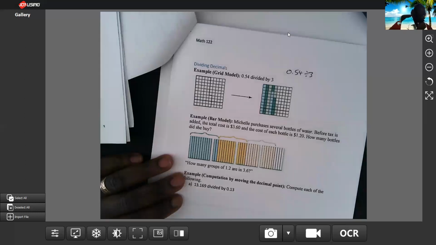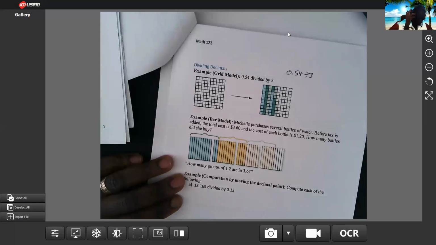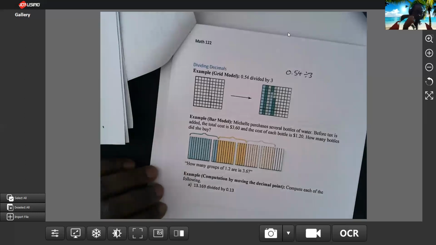Now what does this do? This answers the question, how many 3's are in 0.54? How many 3's are in 54 hundredths? So if we partition that, how many do you get?